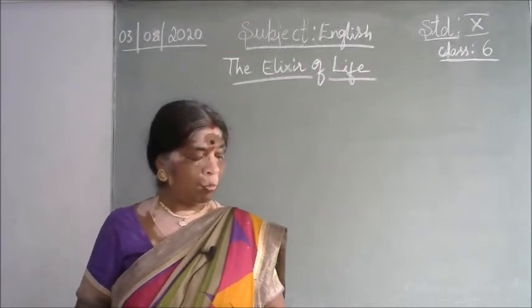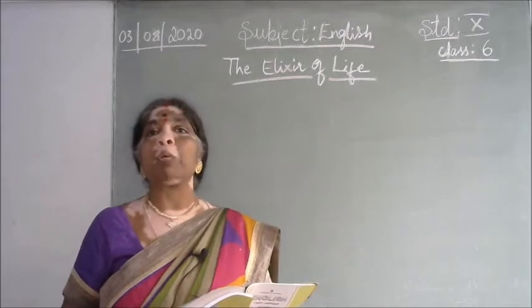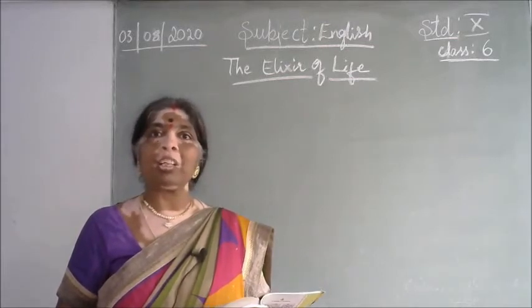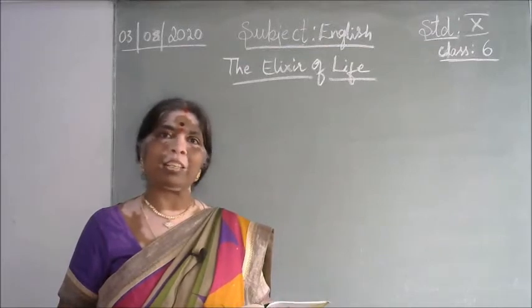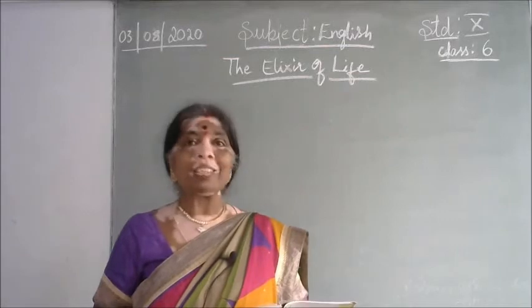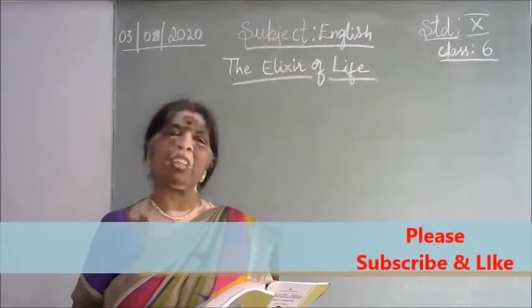And he also points out how the presence of water gives beauty to the countryside. Yes, water gives beauty to the countryside, to the country. And he also mentions quenching the thirst, in case you are very thirsty.